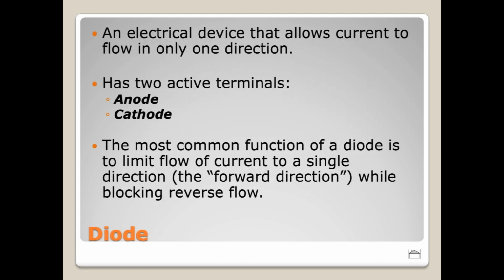Next, we move on to the diode. The diode is a pretty critical component. The diode was actually the very first vacuum tube that was invented, by the way. You'll notice the device that we're talking about today does not actually have a vacuum tube in any of the illustrations, and that's because we're talking about the more modern version. However, when you guys do your paper on vacuum tube technology, you're going to be reading about the Fleming diode.